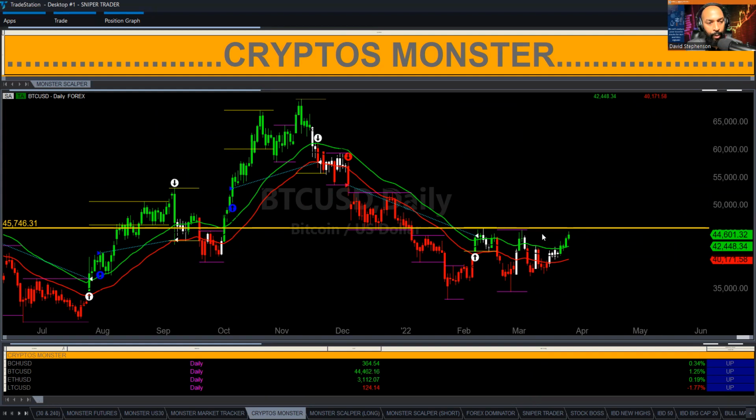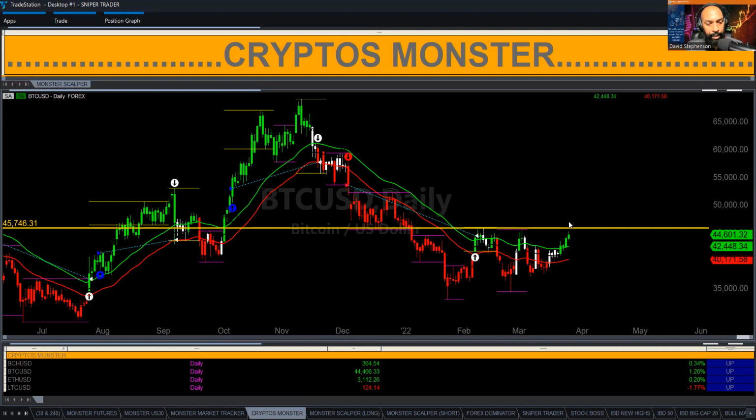It is almost right there. It got up to 45. 45 is that resistance we're looking at for Bitcoin right here. And it's pretty good resistance. So it came right up to 45,000. Okay, pull back a bit.